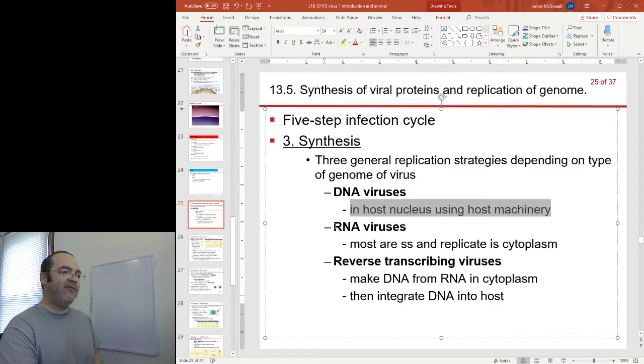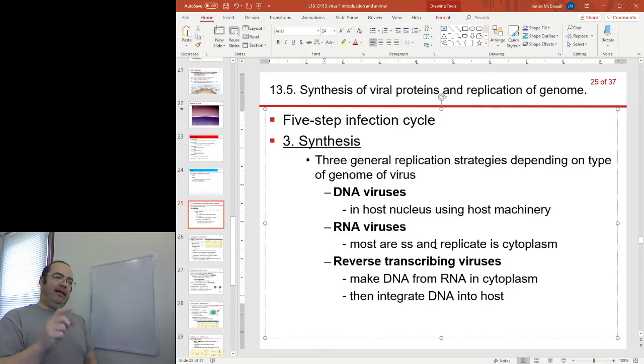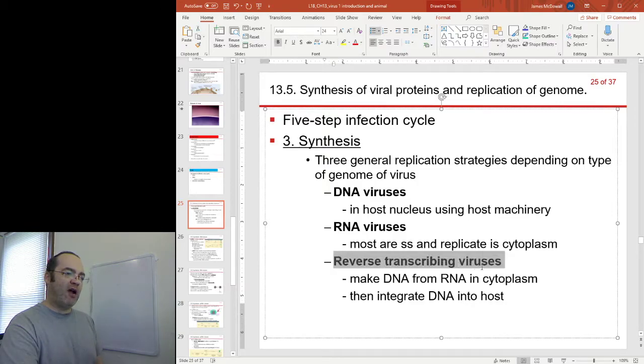When we come to RNA viruses, the virus has to do a little bit extra. It has to replicate some molecules that are not present in cells. When we come to reverse transcribing viruses, this is probably the most convoluted of the methods. We'll look at reverse transcriptase and also the integration of DNA into host genomes.